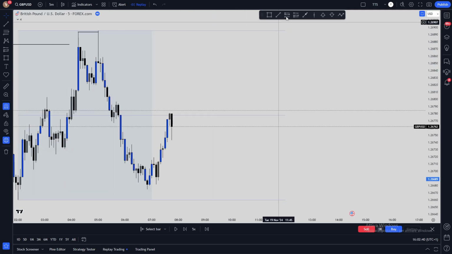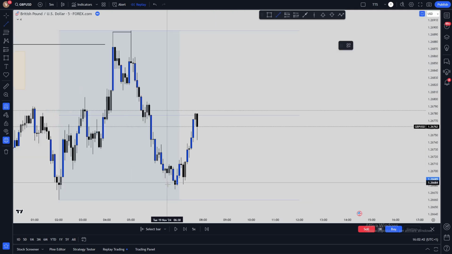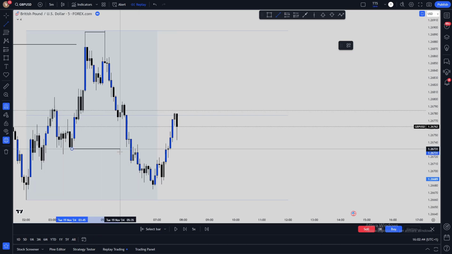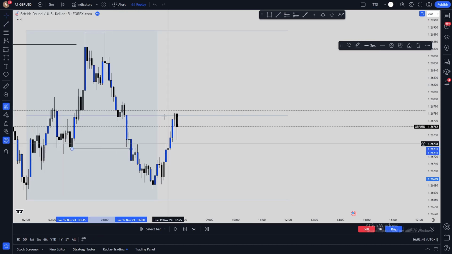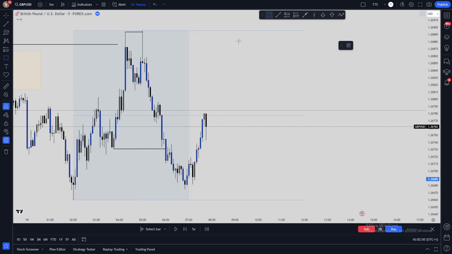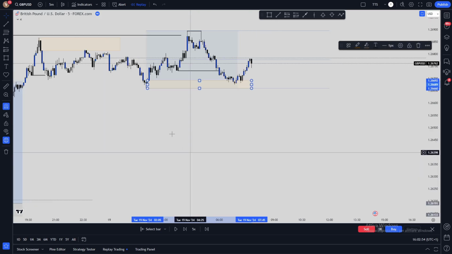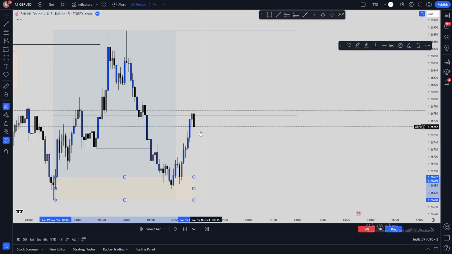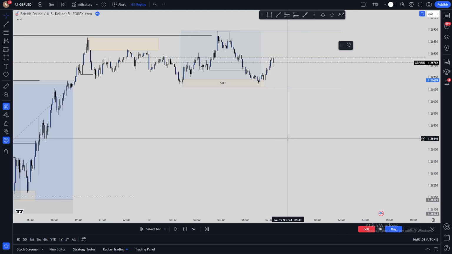At this point we only see maybe potential sellers that want to start selling because of this break of structure, but also we have buyers here that want to buy because this push makes a new high. So for me this is an SMT, okay.